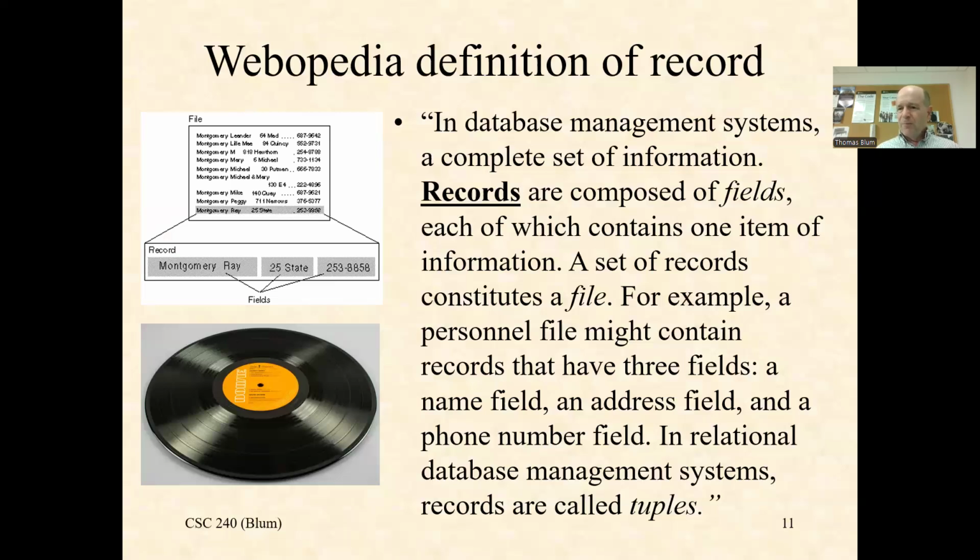So in the history of organizing data, this might have been a separate computer file from other data files, but it has a correspondence to this idea of table. So in a full relational database, it may not be a separate file.